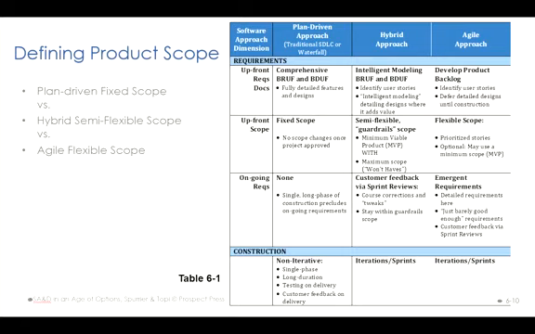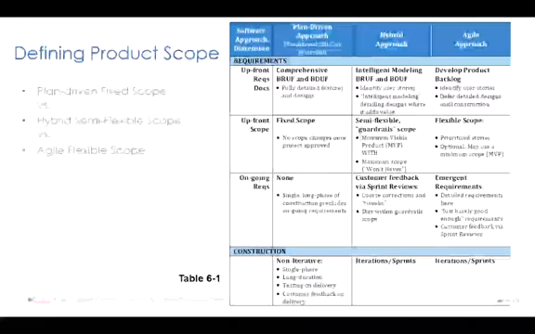Now, both the hybrid approach and the agile approach use this product backlog. The major difference is that the agile approach allows the product backlog to change all the time, but the hybrid approach will always come up with some priority based on a predefined big upfront requirement or big upfront design.